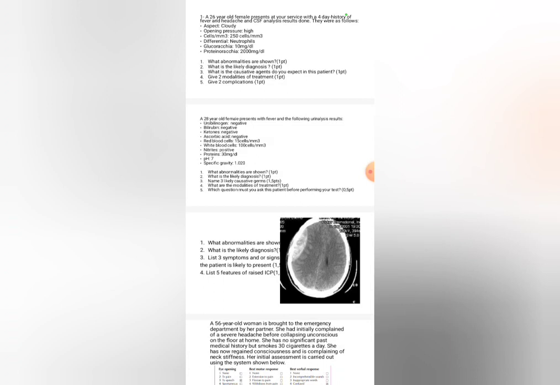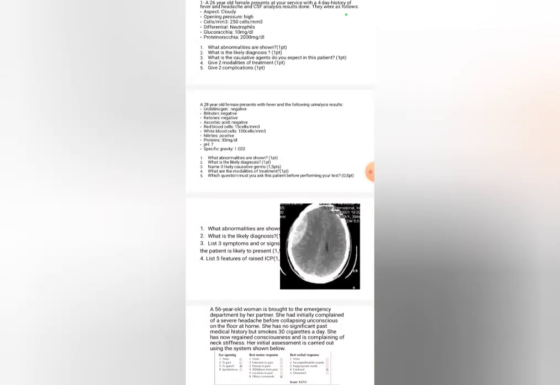If it is lower than half of the blood glucose level, then we are going to use the word hypoglycorrhachia. Now, for proteins also, we are going to use the word hyperproteinorrhachia or hypoproteinorrhachia.